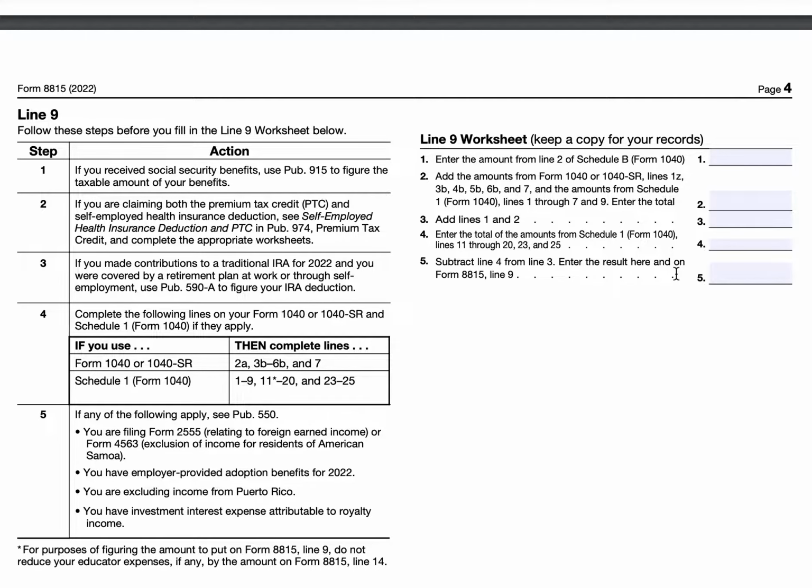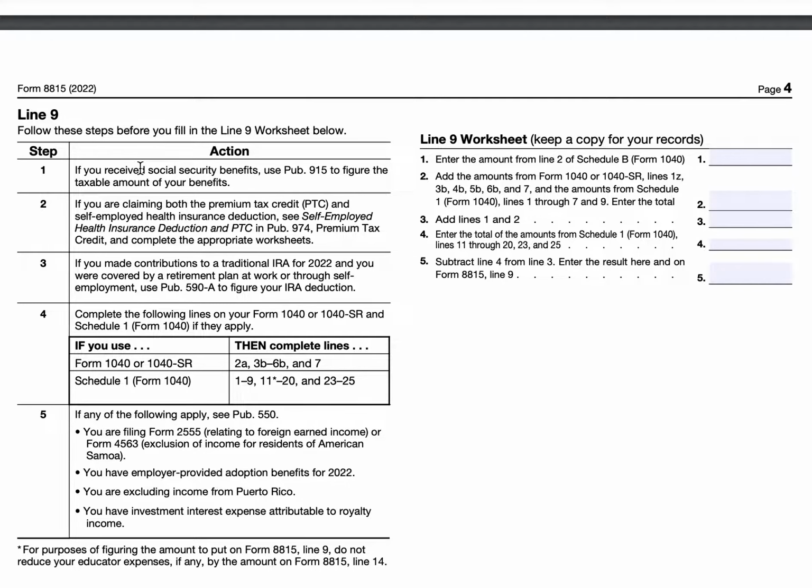You're going to walk through that. However, before you do that, you still have to take steps. For example, if you receive Social Security benefits, then you're going to have to calculate the taxable amount of your benefits. If you're claiming both the premium tax credit and the self-employed health insurance deduction, you're going to have to complete worksheets in IRS Publication 974.